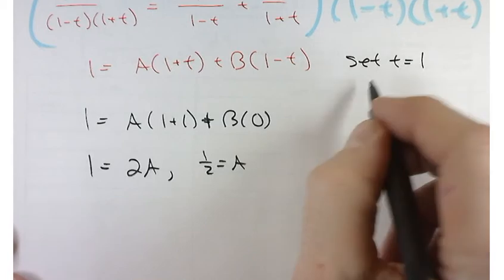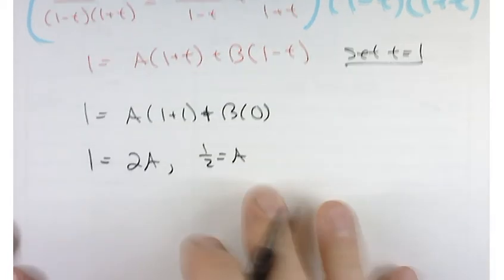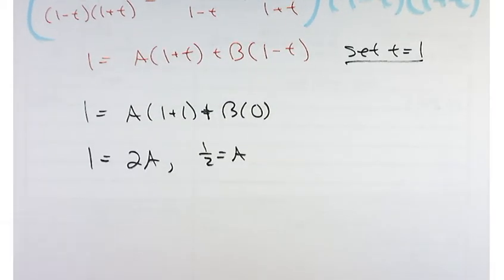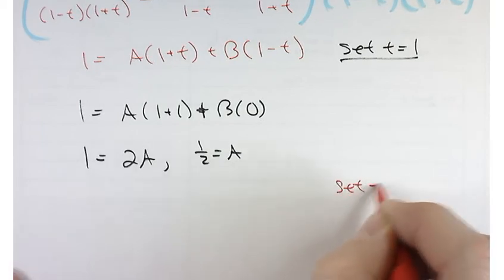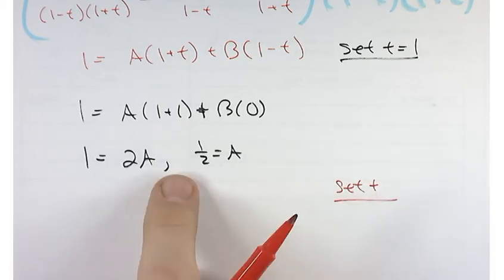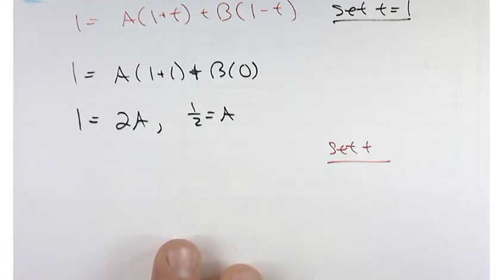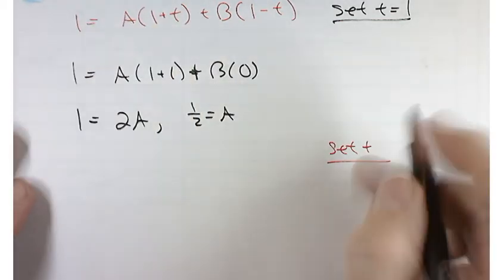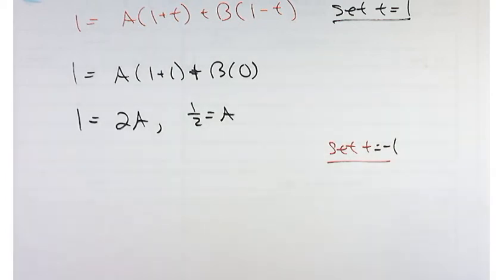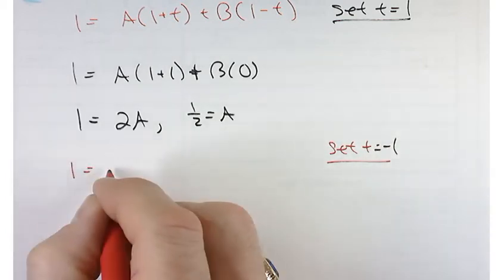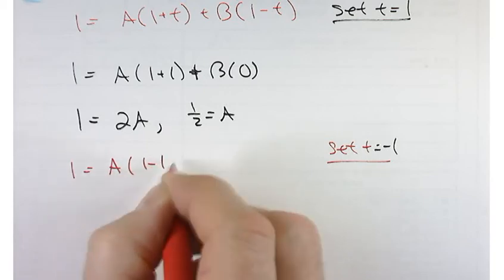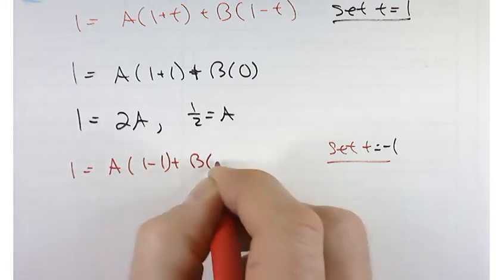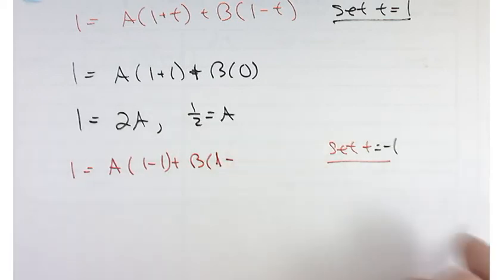So that's when t equals 1. Let's do it again, because I need to know what B is. Now I don't want to set t equal to 1 again. Let's set t equal to -1, because that's going to annihilate this term. So t equals -1: 1 equals A times (1 minus 1) plus B times (1 minus -1).